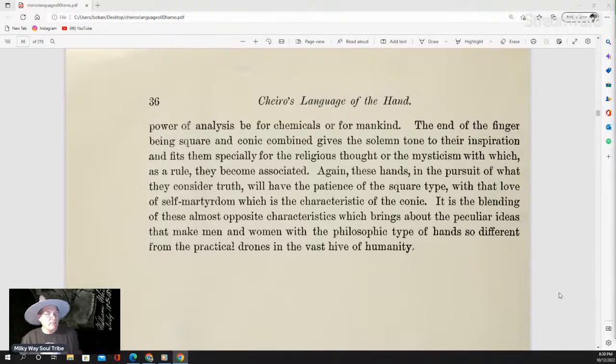It is the blending of these almost opposite characteristics which brings out particular ideas that make men and women with the philosophical hand type of hands so different from the practical drones in the vast hive of humanity.